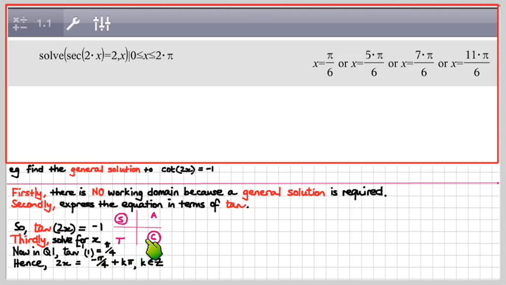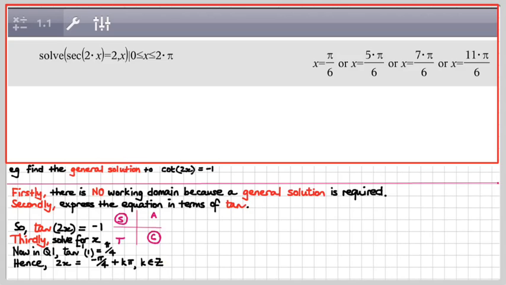Now I've gone down here, I've called this a negative angle, minus pi on 4, plus multiples of pi, because that also encompasses this one here. That's the way you can express tan, because tan repeats every pi. So you pick an angle and then just keep adding pi or multiples of pi, where k is any integer. You must put that bit in there, otherwise you're wrong.